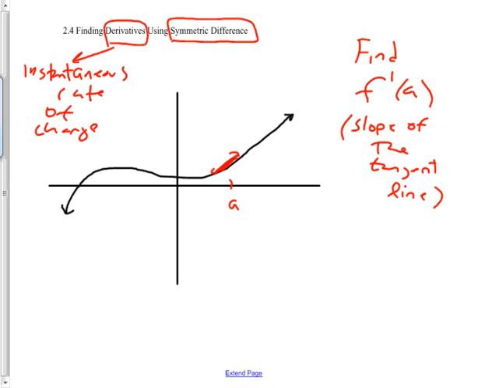So if I want to find f prime of A, what I've done in the past is I said, okay, let's choose a point A plus h, really close to it, where that distance h is really small.